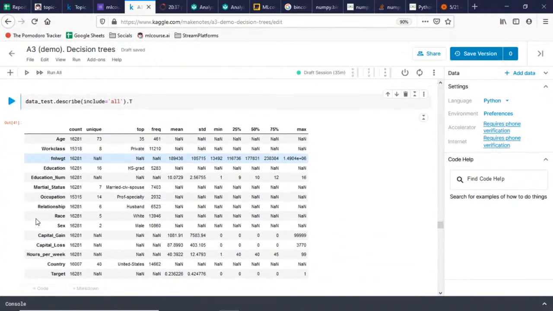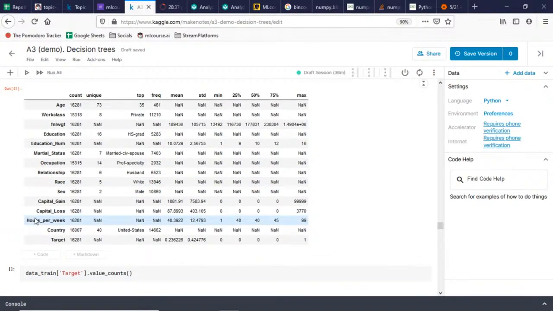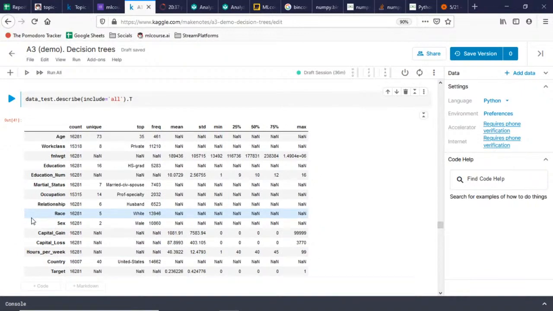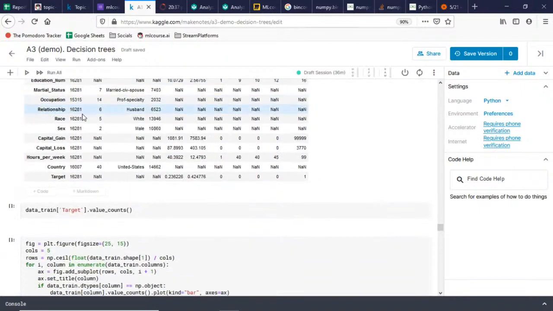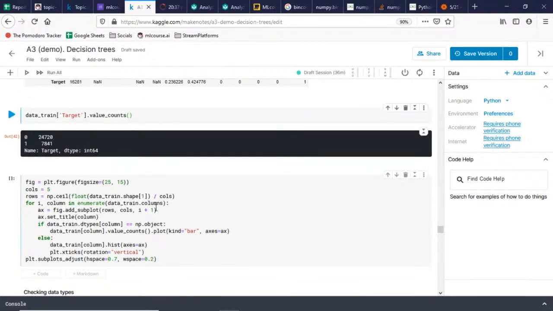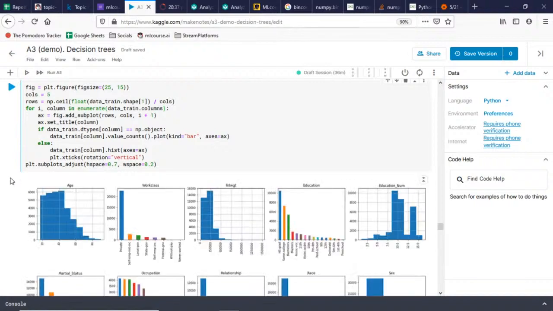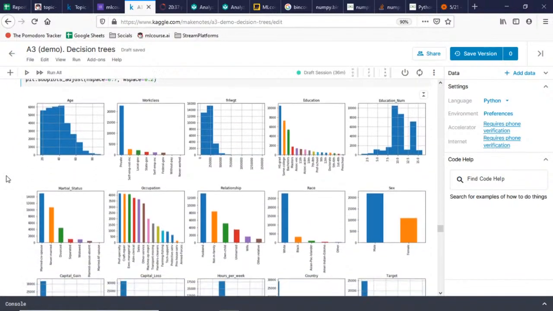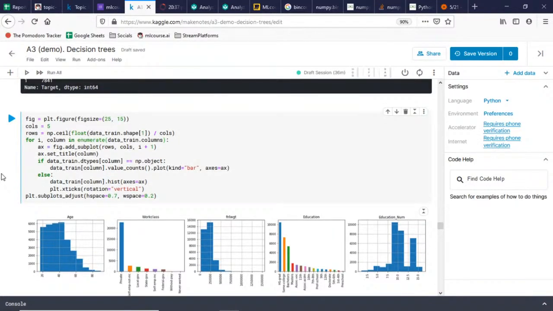Age. What is wrong? Okay. So we have these numbers of people who earn less than 50k and these more than 50k. And here we plot something. Here we iterate over every column in the data.